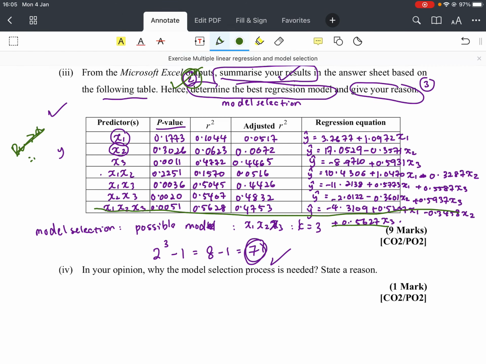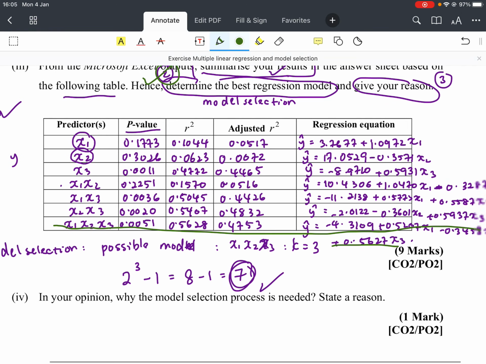So look at p-value x1, 0.1773, greater than alpha 0.05. So we have to discard this one. Okay, also same goes to x2, 0.3026 is greater than 0.05. We can discard x2. Okay, now if you notice x1, x2, so we can discard this one.